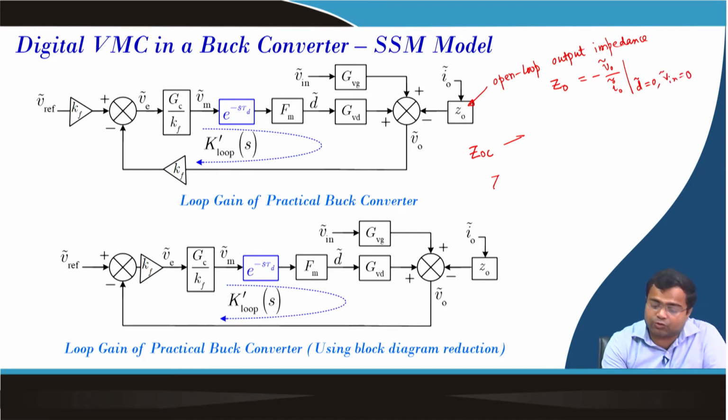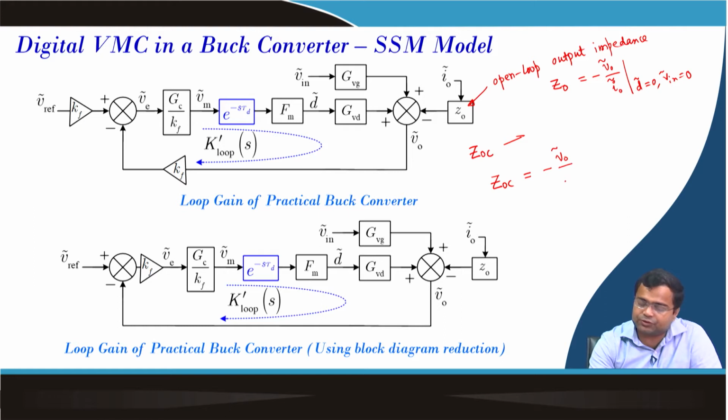But when you are talking about closed loop, then the loop is closed. So, it will again be minus V0 to I0, but in this case we are only talking about input voltage 0, and it can be shown that this is the open loop output impedance divided by 1 plus the loop transfer function, that is this k dash loop.